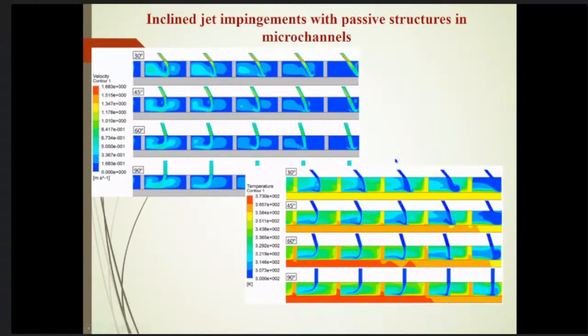That kind of study has also been done, and we saw that it can enhance the heat transfer capacities, but at the same time the flow resistance, the pressure drop, is significantly high. So again, we need to model it through different parameters by changing the jet diameter, changing the jet angle, and finding the best combination for that.